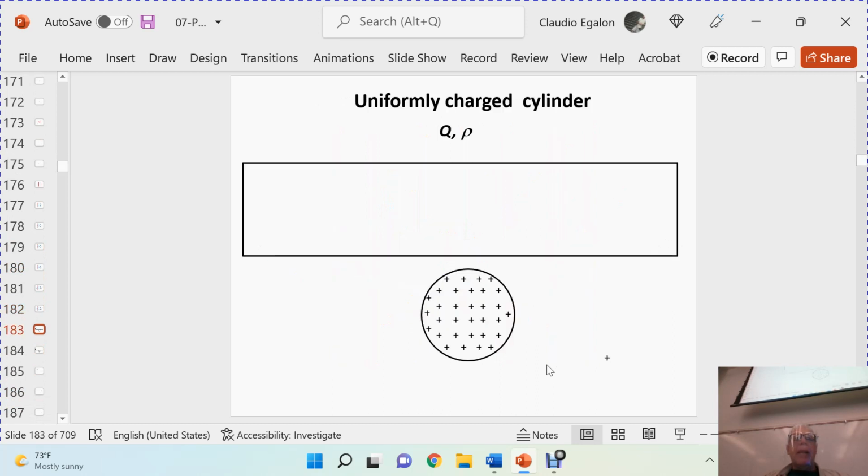Okay, we can repeat that for a uniformly charged rod, just like we did for the uniformly charged sphere. Here's my rod.